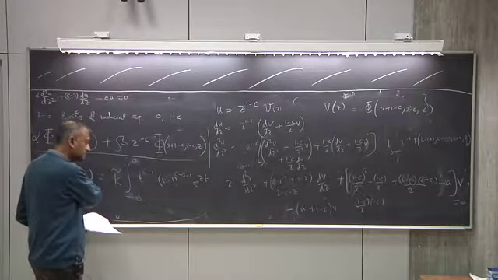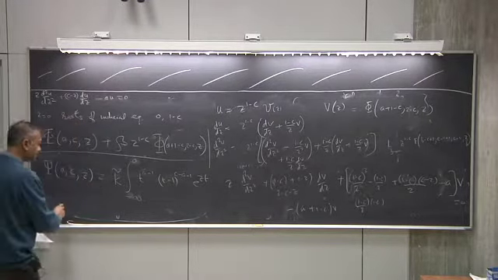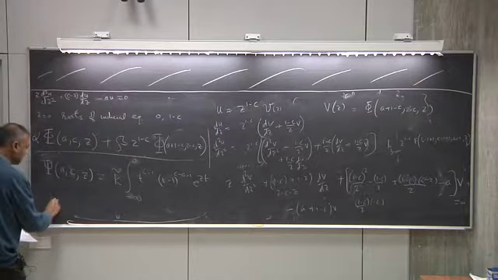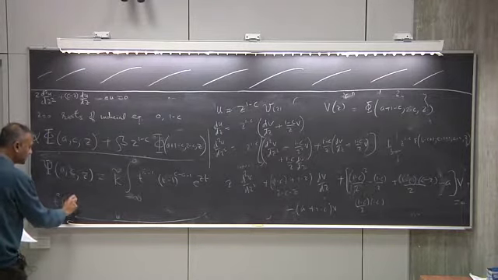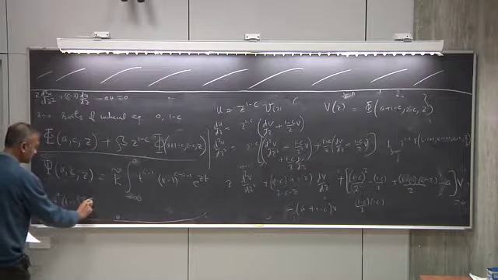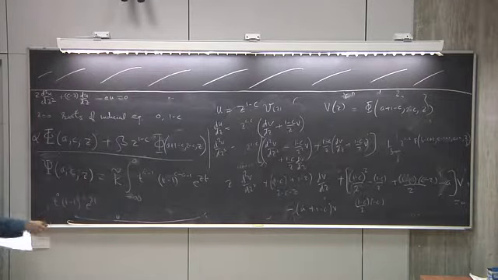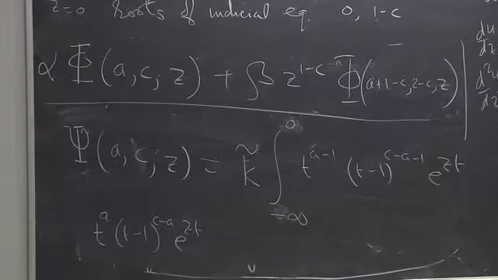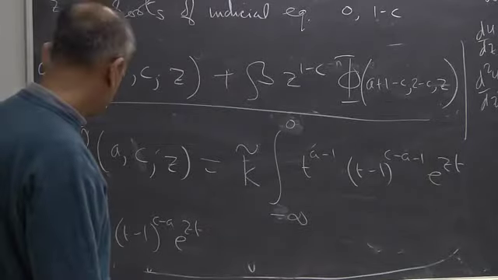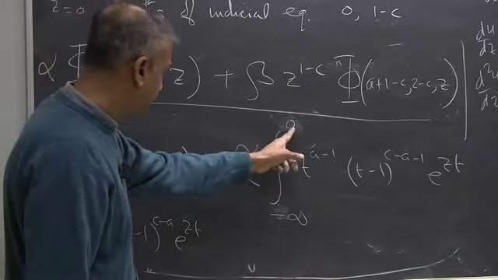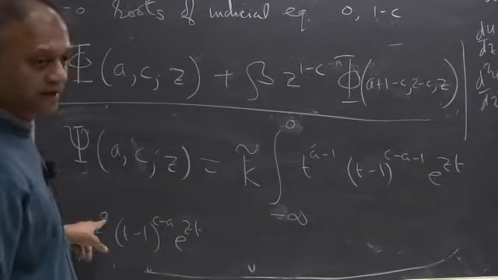If you look at the boundary term, the boundary term is t to the a, t minus 1 to the c minus a, e to the zt. We want this to vanish at the two endpoints. At the endpoint 0, this is fine if real A is positive.